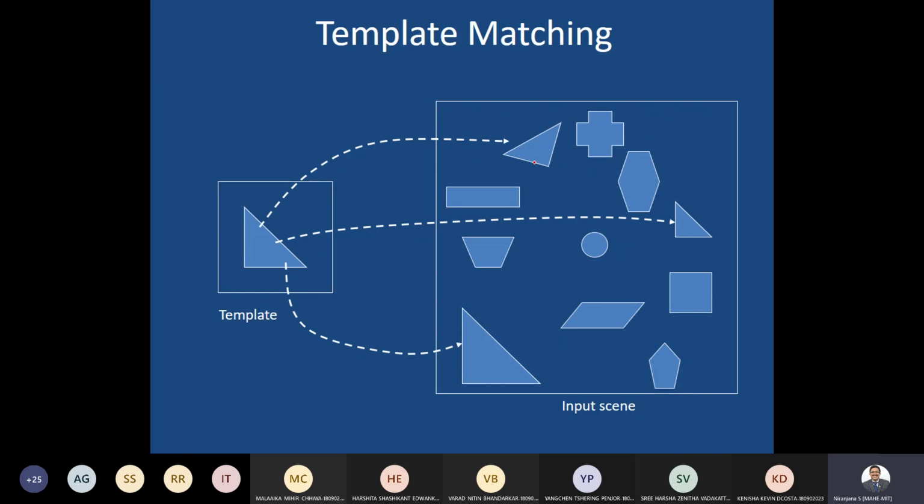If there is a scene, there are multiple objects. Sometimes you can just do a one-to-one match. It is a very simple approach called template matching. It's not a very good approach, but still people can do it. Matching whether this three-sided object is there or not. Is it a three-sided object? You can just cross-check. If it is a three-sided object, you may call it some object.